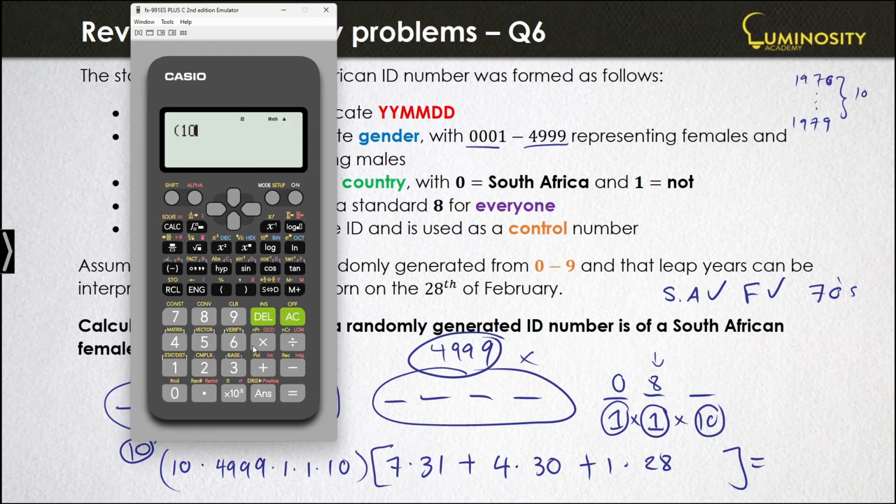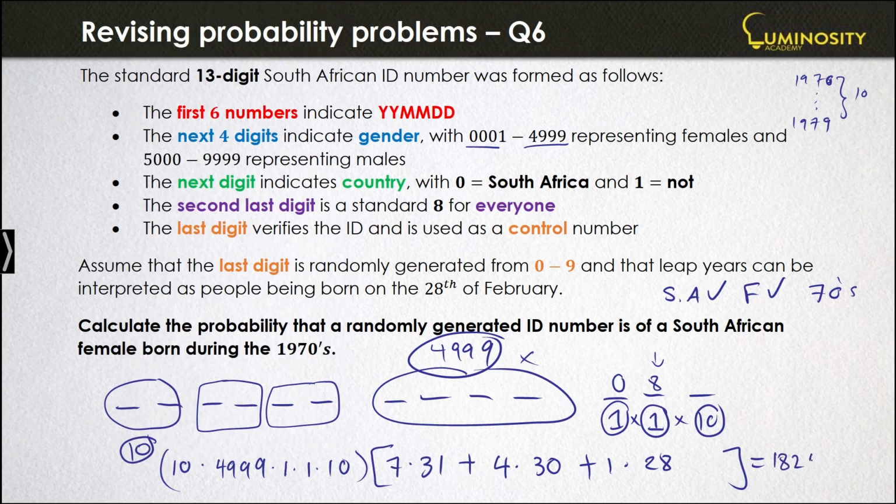So the common term was 10 times 4999 times, well, I'm not going to put the ones because that doesn't do anything, 7 times 31 plus 4 times 30 plus 28. So I get 182,463,500.